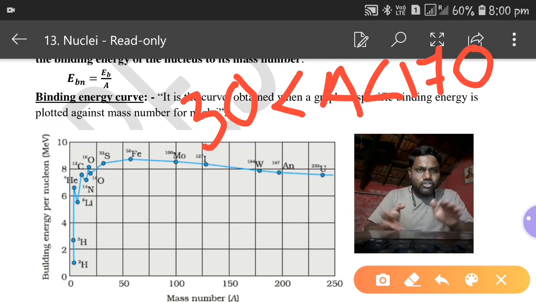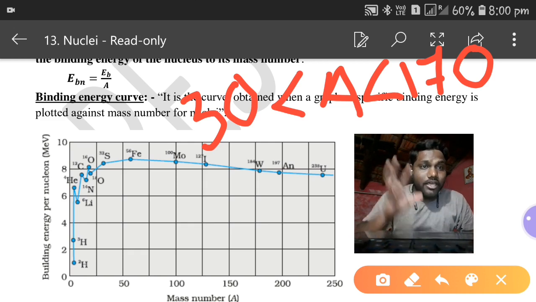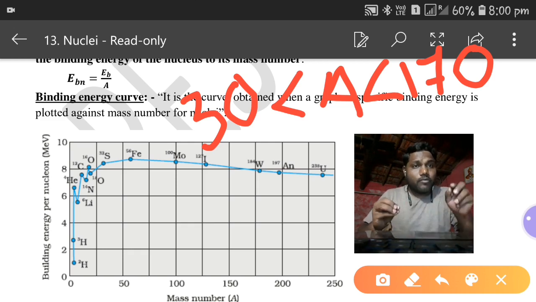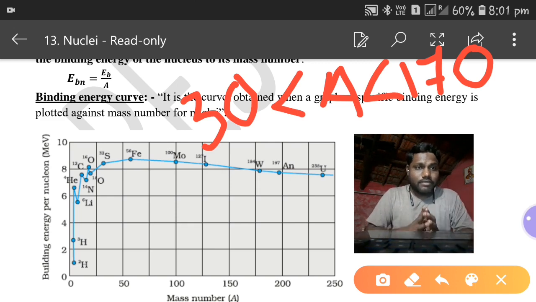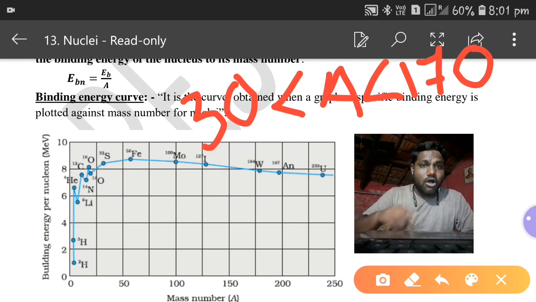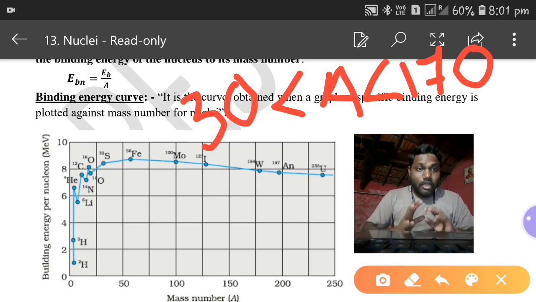If you concentrate on these nuclei, with mass number greater than 30 and less than 170, the binding energy per nucleon, or specific binding energy, is nearly equal to the specific binding energy of iron. So that means it is nearly equal to 8.75 mega electron volt. Therefore, these elements are also more stable.